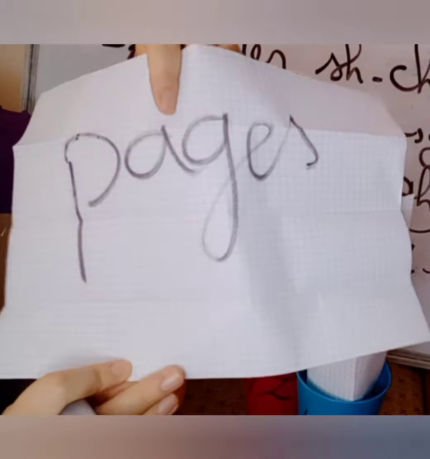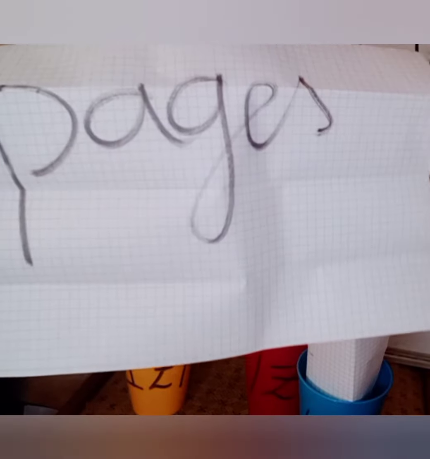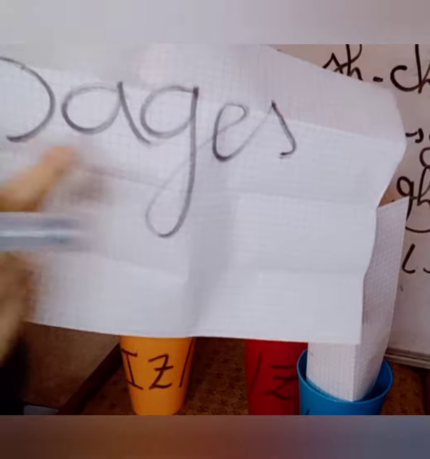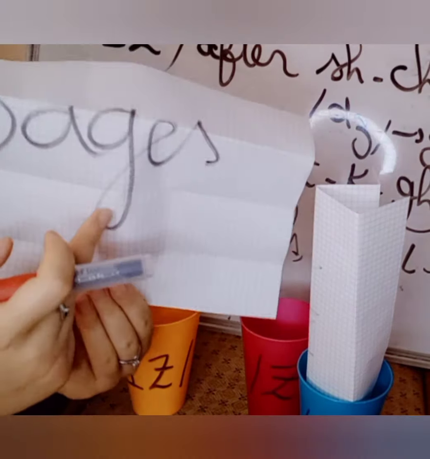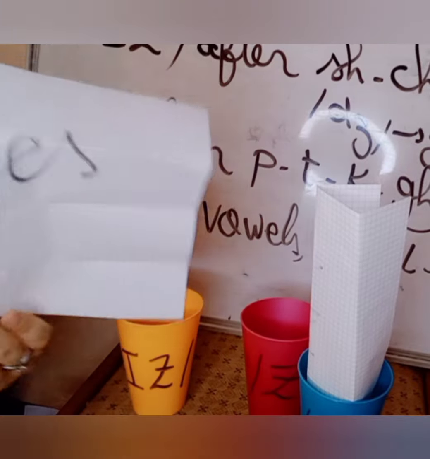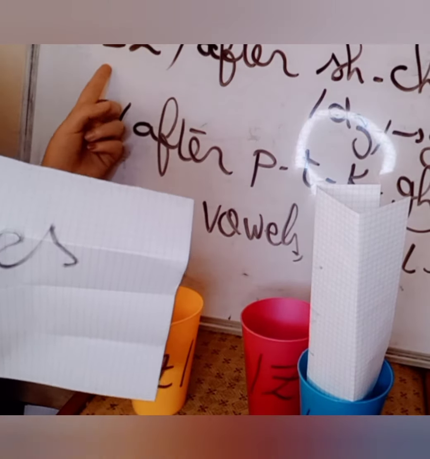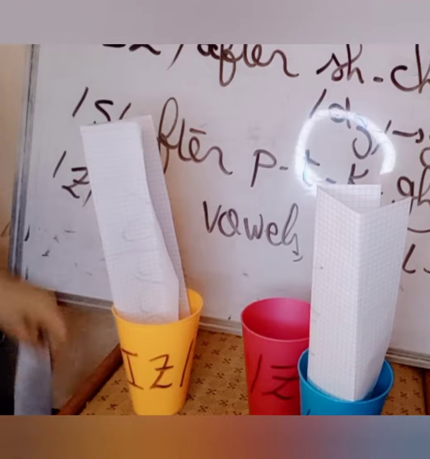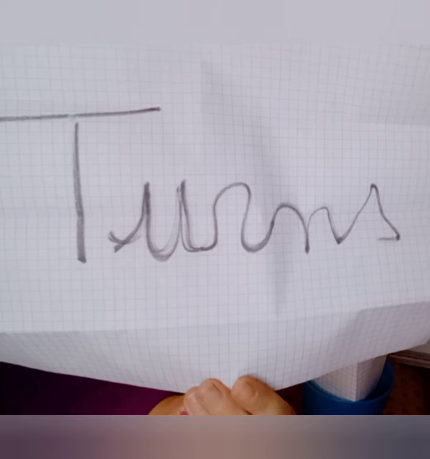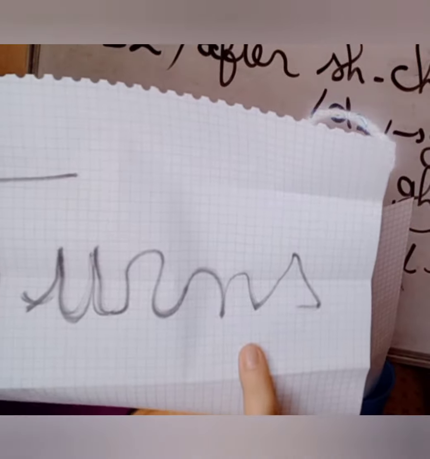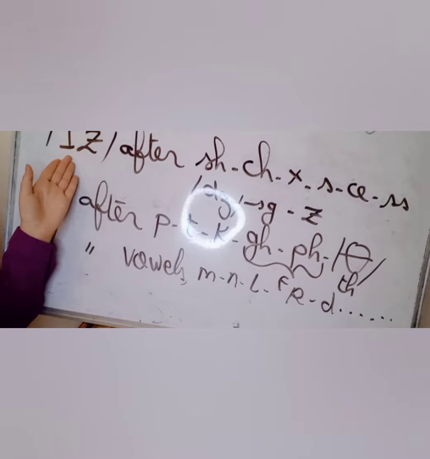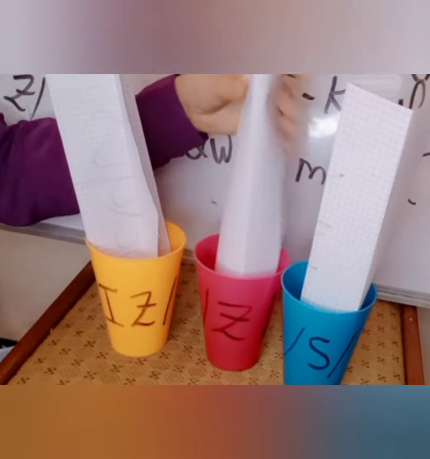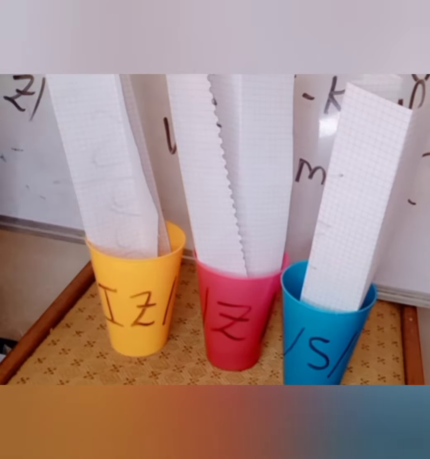We have pages. We have the sound J before it. J goes directly with the "iz" group. The next one: turns. We have N. Where is N? We don't have it in the previous lists, and we don't have the next one here.